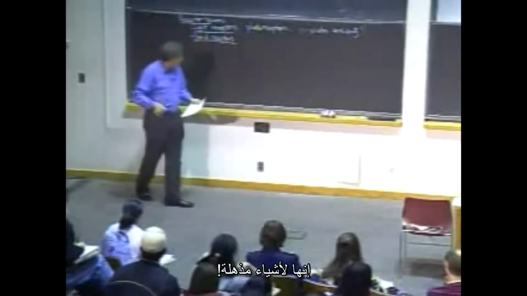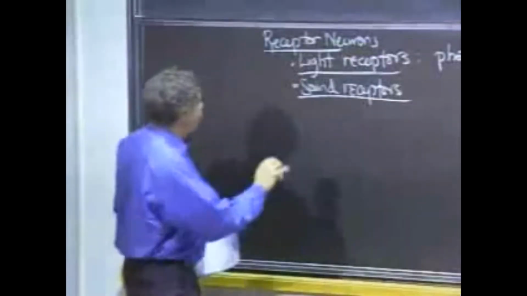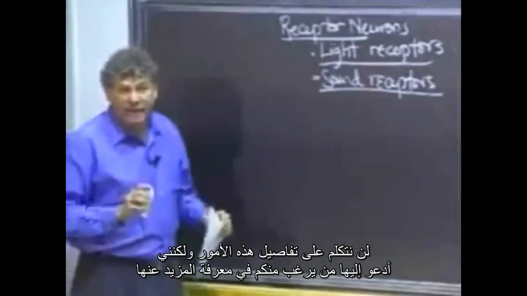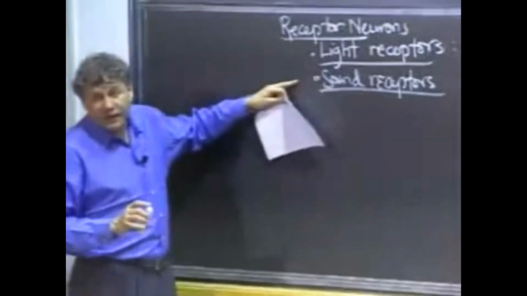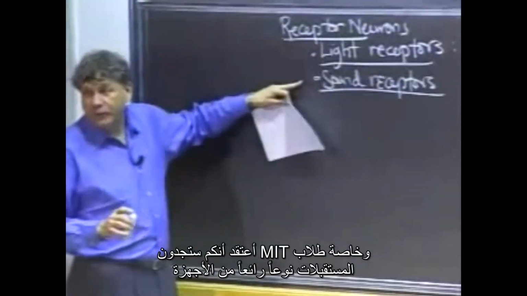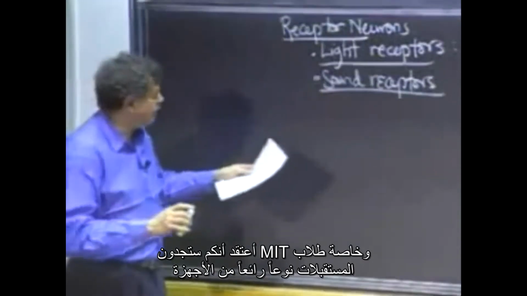So all that's pretty impressive stuff. We're not going to talk about the details of it, but I invite some of you who want to learn more about this, particularly MIT students, I think, find receptors to be really quite remarkable kinds of devices.